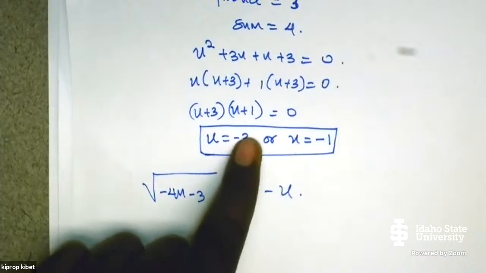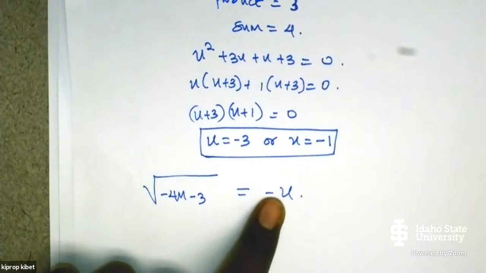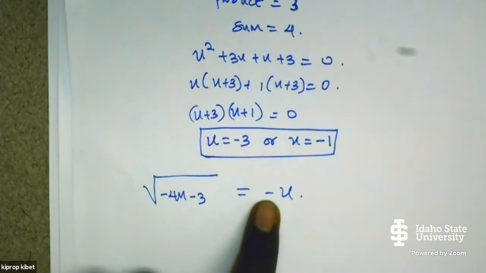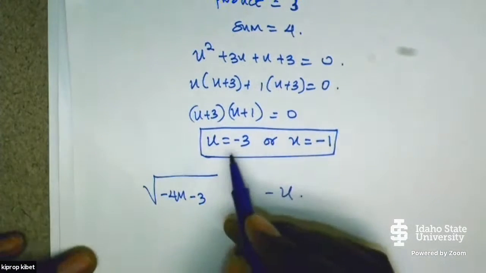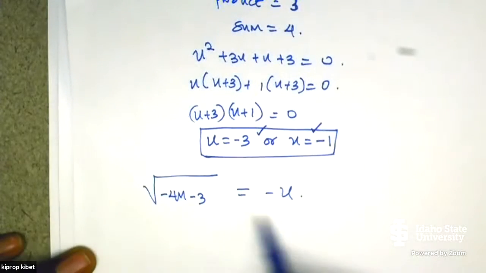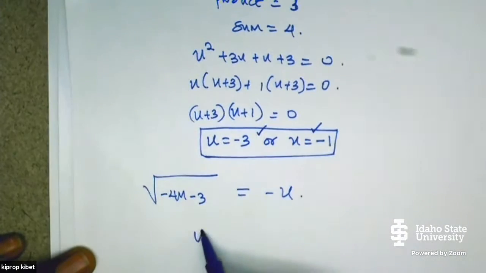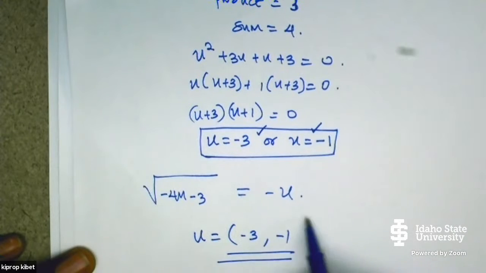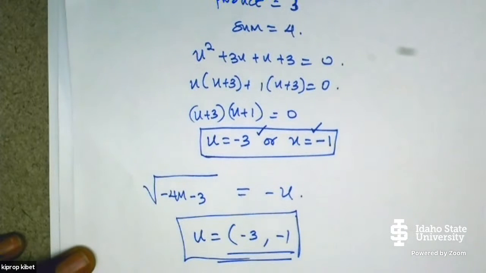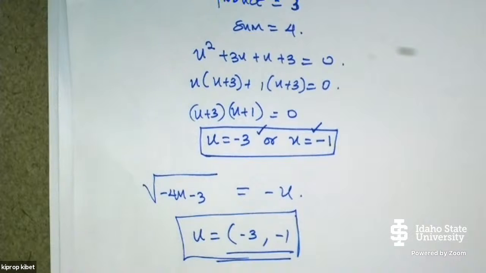When you bring the negatives to this u there, it makes it positive. Therefore, both of them are solutions of this equation: u equals negative 3 and negative 1. So you don't have to waste your time checking it, as long as all these are negative. Any question?